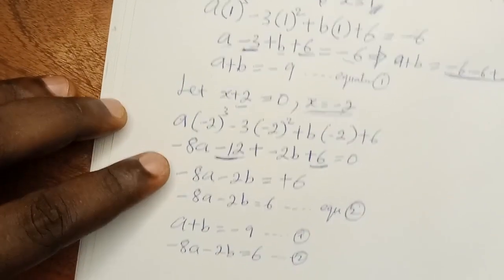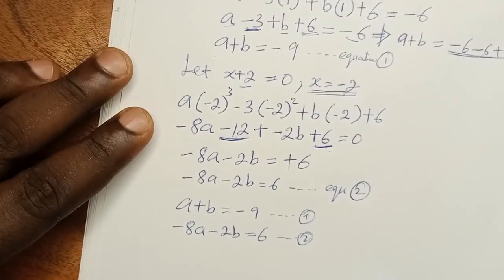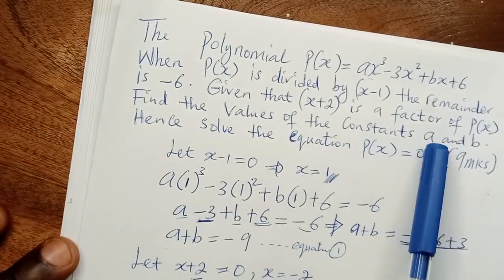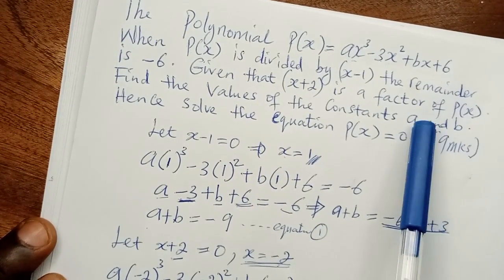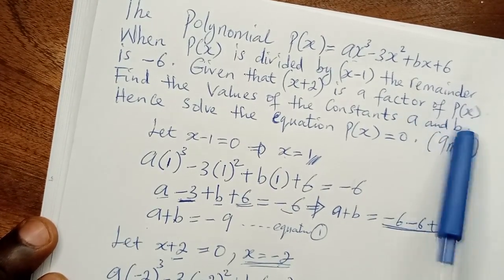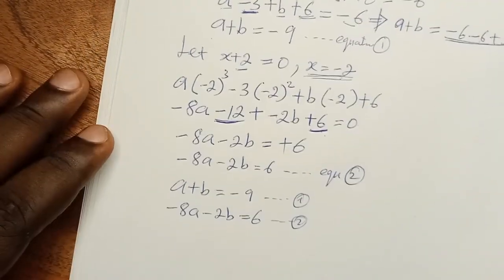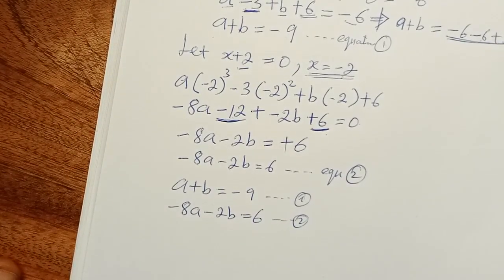So let's try now to figure out the value of a and b. Note that based on this expression, they have asked us to look for the value of a and b, which is the constant. We want to look for these values after all of this technique has been applied. So we are going to choose either of these two, make a or b stand on one side, and substitute in the other expression to get the values.